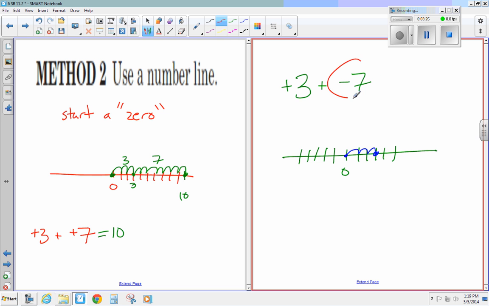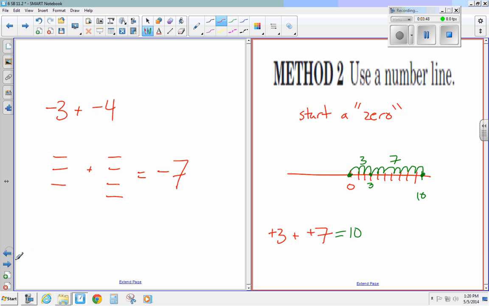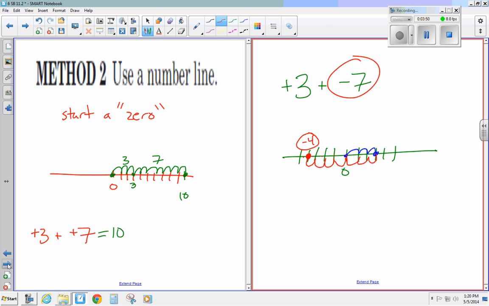This time we have a negative, so we're going to go back 1, 2, 3, 4, 5, 6, 7. So we are now at 0, 1, 2, 3, 4. Negative 4 is our solution. So those are the two methods: using a number line or using counters.